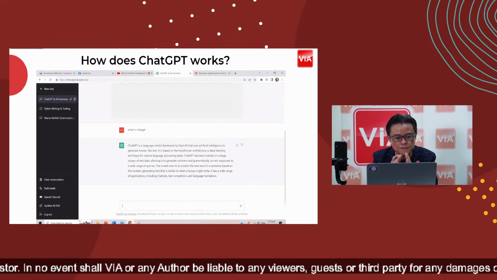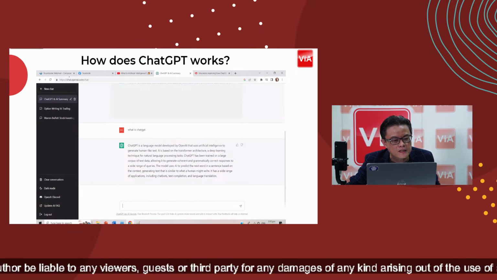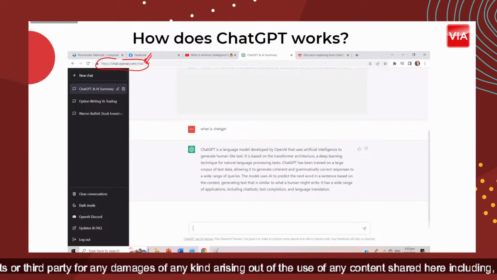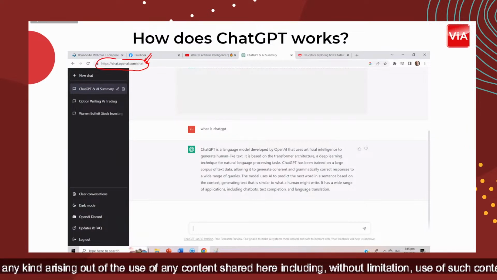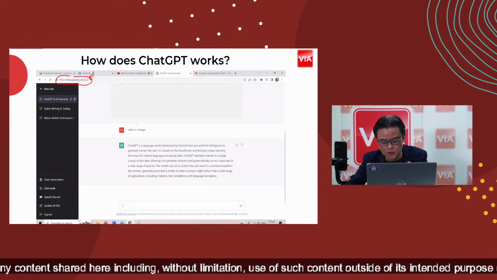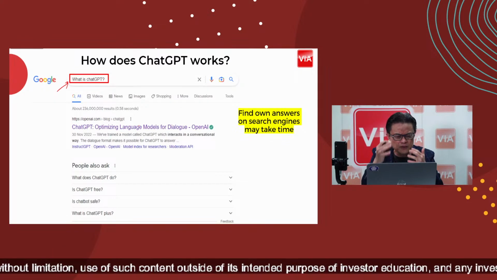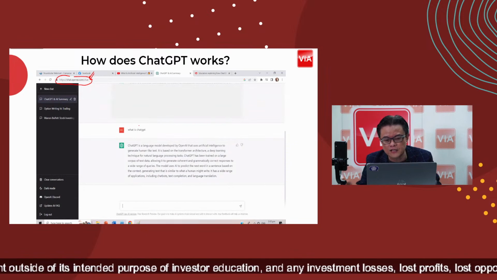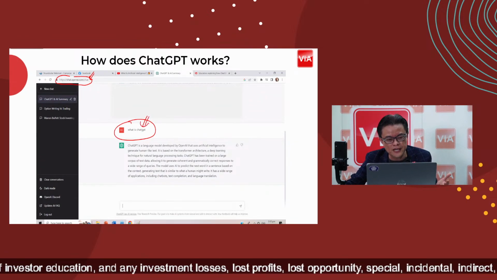But the ChatGPT interface looks like this. This is my account, at chat.openai.com. After our session, you can go and Google it and open an account. They require you to provide an email and a mobile phone number. Just now with Google, there was a whole list of search results, and you try to find and compile. With ChatGPT, you see my question, what is ChatGPT?